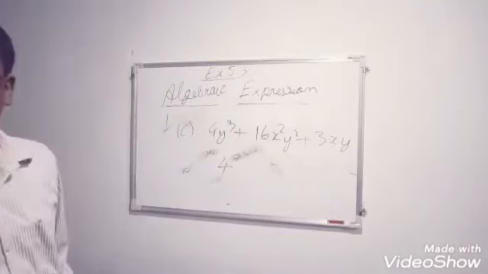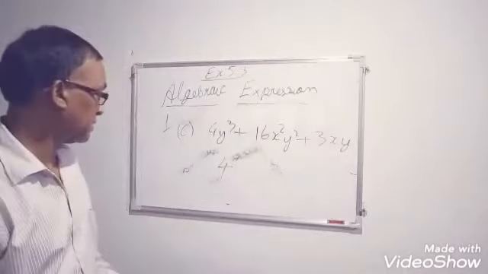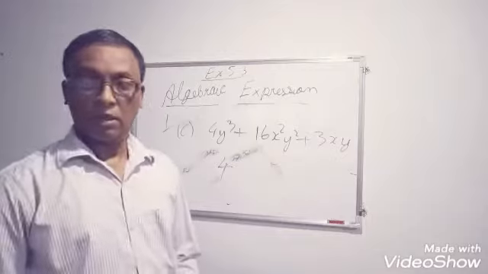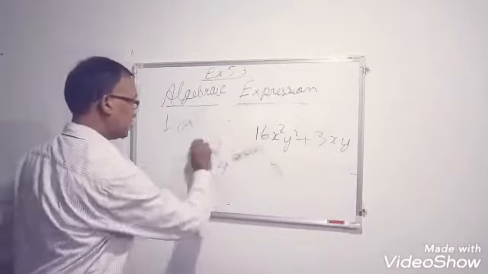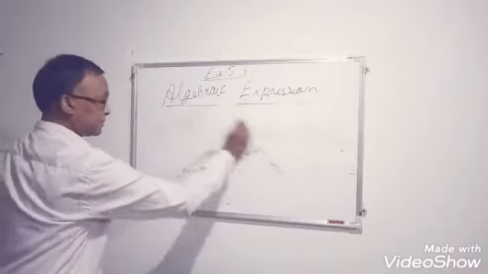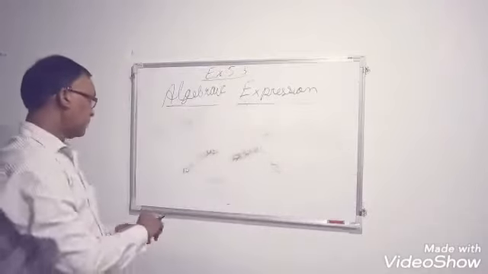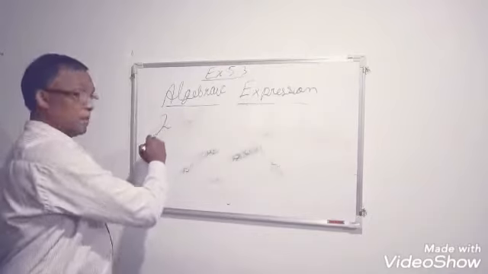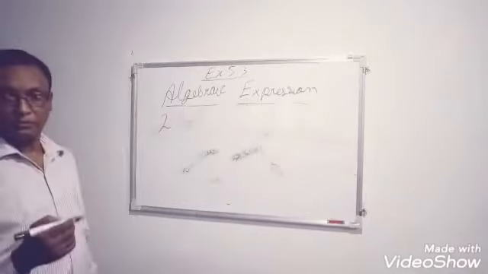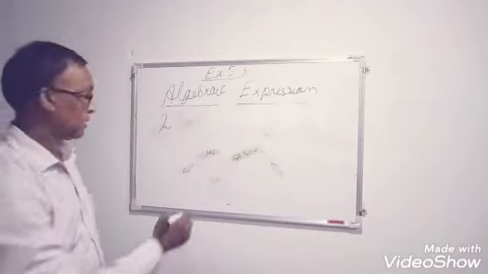Now the next question, I think now you have followed, you can do the rest. 3 more sums are left, then you can complete the book. Now we'll proceed with question number 2. Now if you see question number 2, classify the algebraic expression in monomial, binomial or trinomial.